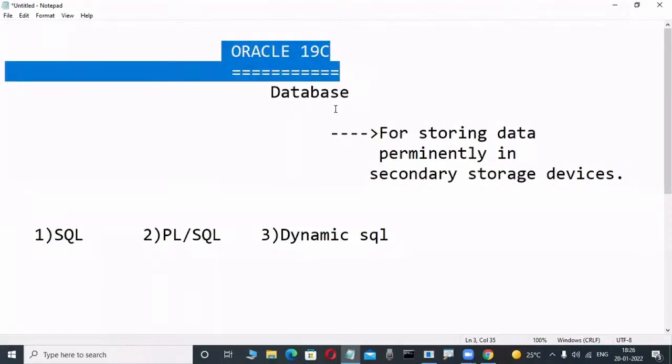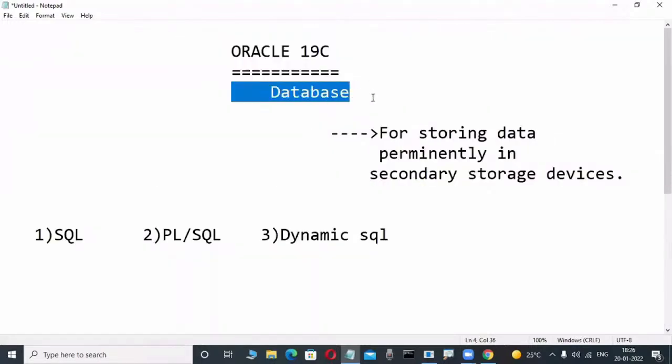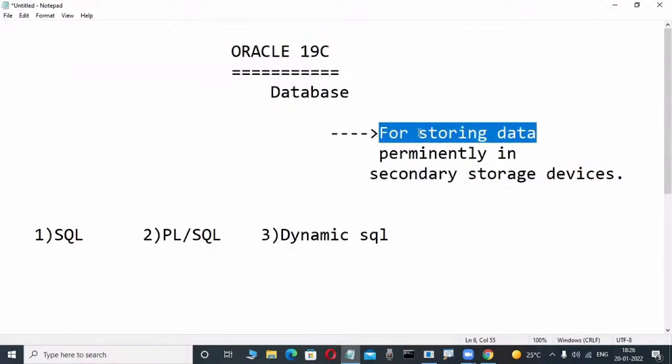Check it out. Unfortunately, so many fellows think that database means nothing is there. Some Java, .NET, Python application front end is there, and the data we enter is for storing purposes only. Newcomers think that in the backend, data is stored for storage purposes only. They are thinking that, but it is absolutely wrong.